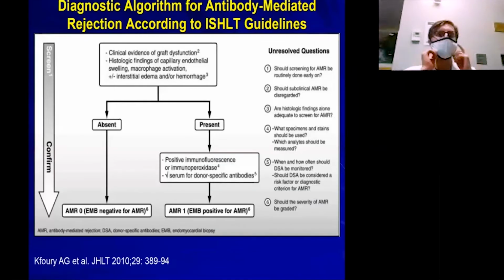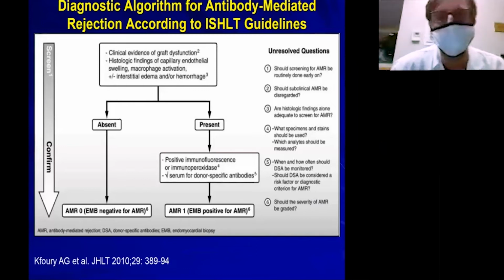In terms of the nomenclature for antibody-mediated rejection, it's a little bit more complicated. This is an older definition. It's really just kind of present or absent, and absent meaning that there's no evidence on the biopsy. On the biopsy, typically we look for immunofluorescence of C4d evidence, the complement pathway byproduct.